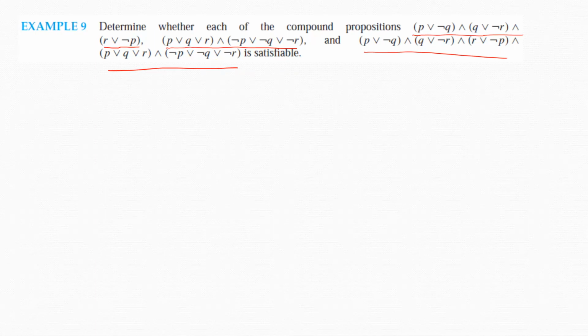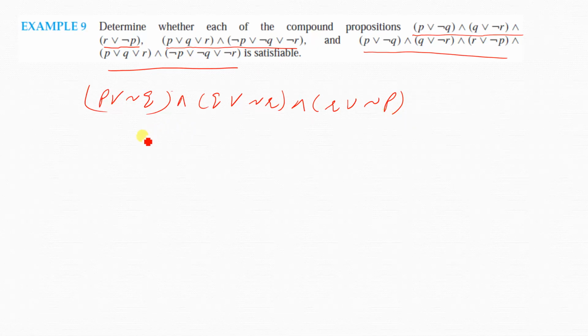So let's start with the first compound proposition, which is (P or negation Q) and (Q or negation R) and (R or negation P). I am trying to prove this satisfiable or unsatisfiable without using a truth table.